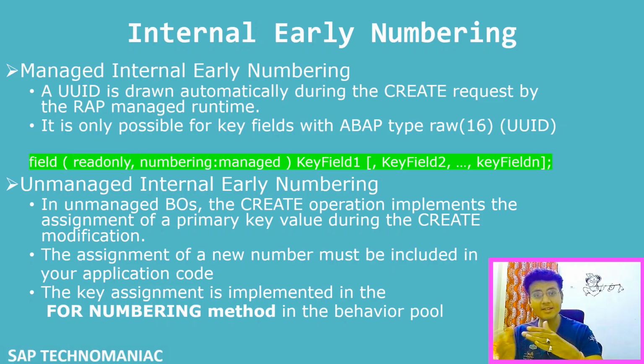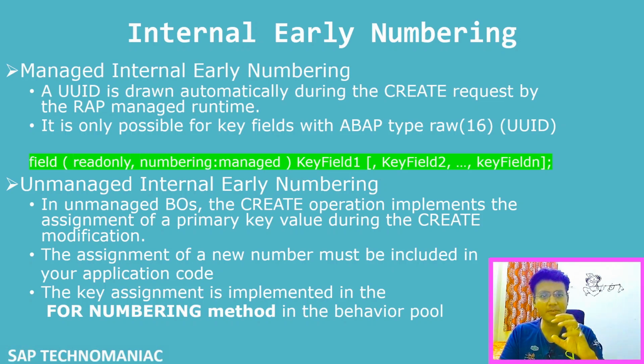So unmanaged internal early numbering. In that scenario, unmanaged means there should be some code, because it is not managed by the framework. There should be some code which should handle this particular numbering.